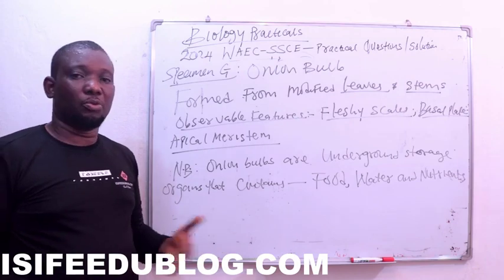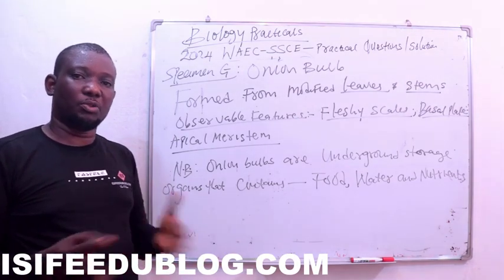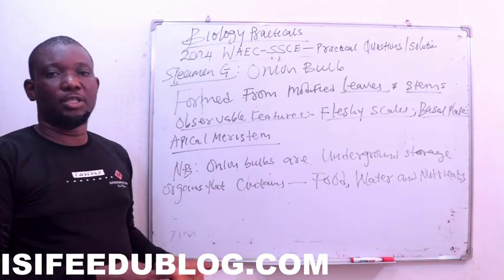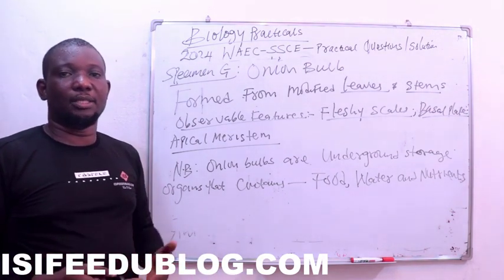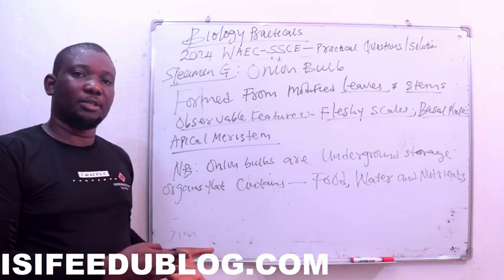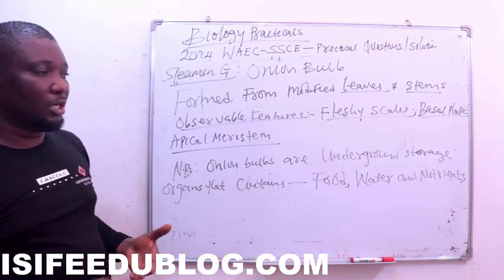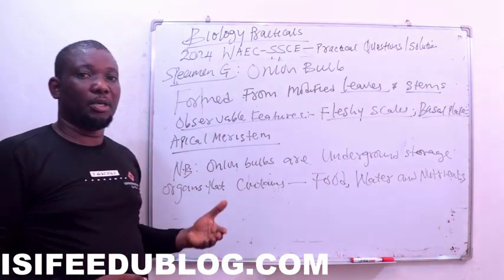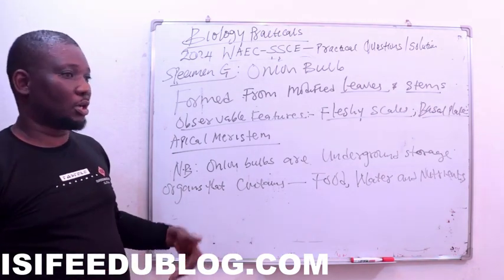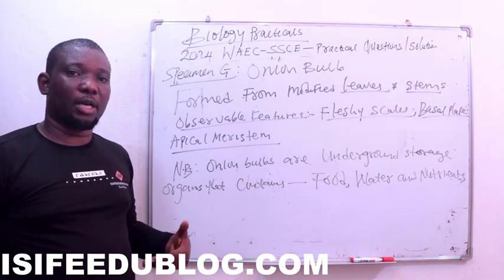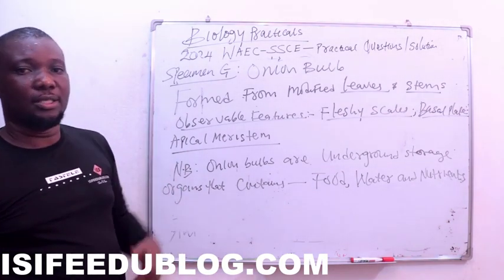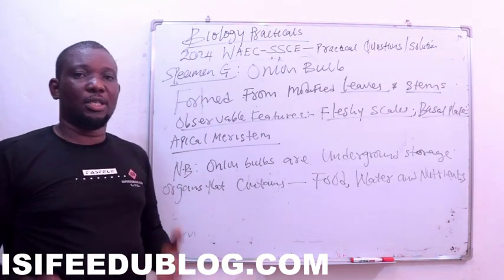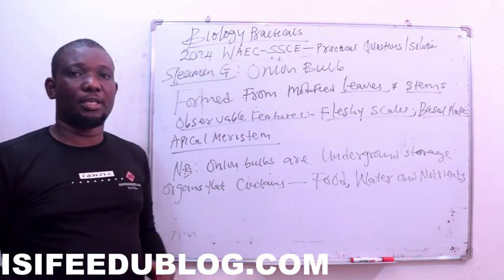You also cannot deny the fact that, just like ginger, the onion bulb has medicinal purpose. Some use it as an antioxidant to ease or alleviate oxidative stress, just like the ginger.